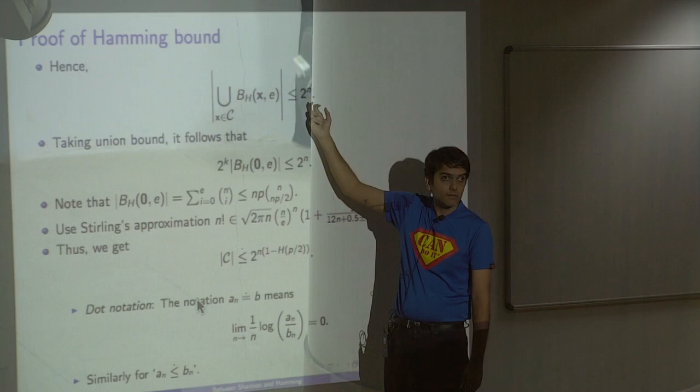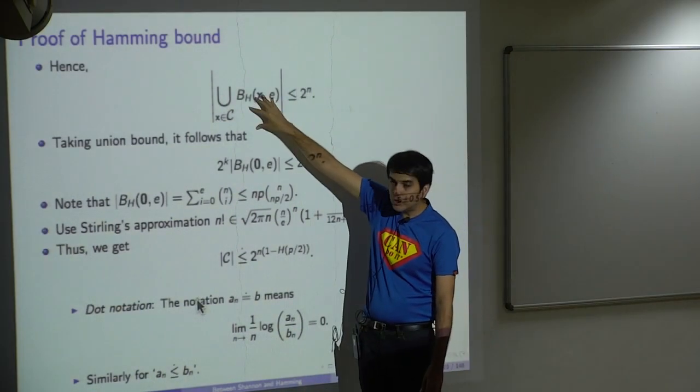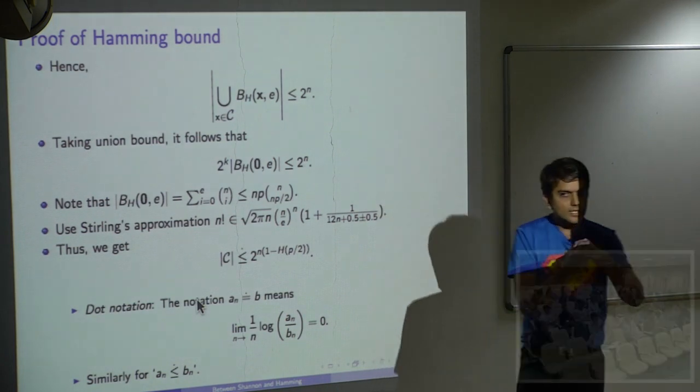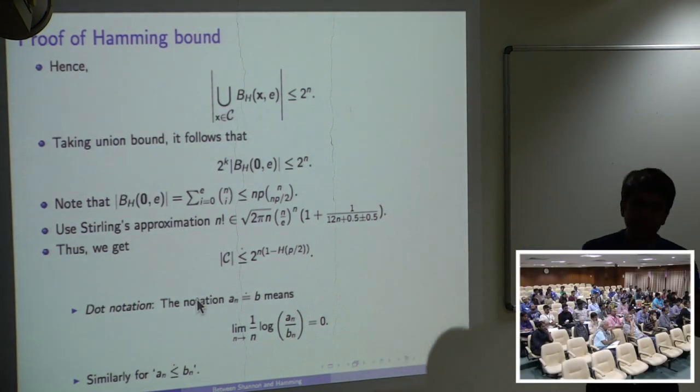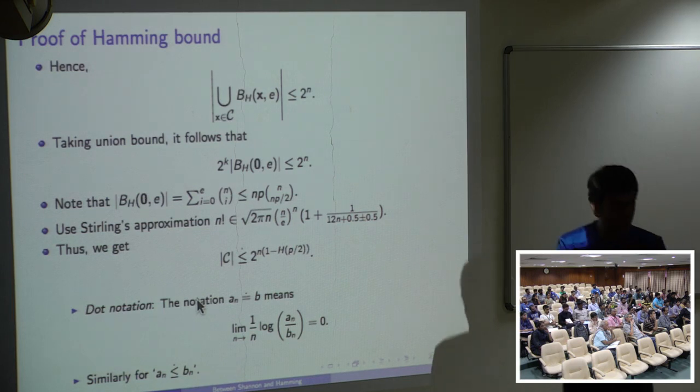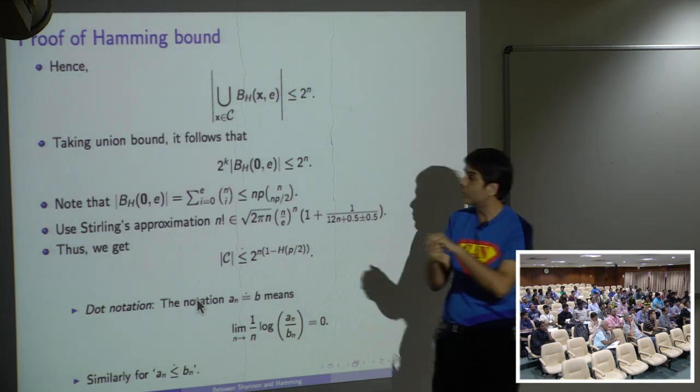When you do this, the union of all these Hamming balls cannot be more than the size of the space, cannot be more than 2 to the n. But what's the volume of each of the Hamming balls? It's the number of sequences which differ in at most np over 2 locations from the center of the ball, the transmitted code word.